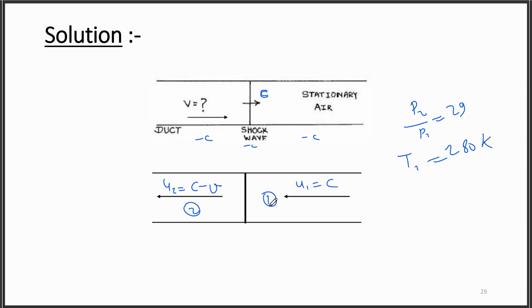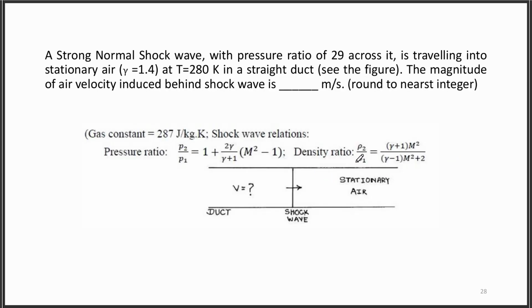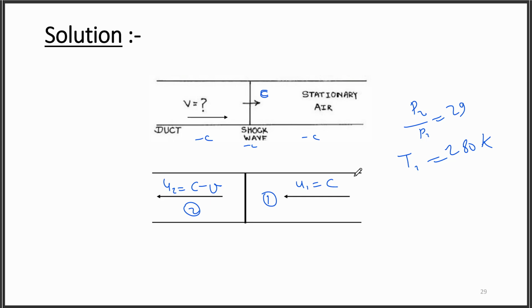So first we will find what the Mach number is here. You can see that for finding V, we should find U2 and U1. If we know U2 and U1, we can find V. For finding U1, if we know the Mach number, then using the temperature we can find U1. And if we know the Mach number, then we can also find the density ratio from this formula. And using the continuity equation, rho1 U1 equals rho2 U2, we can find U2 also.